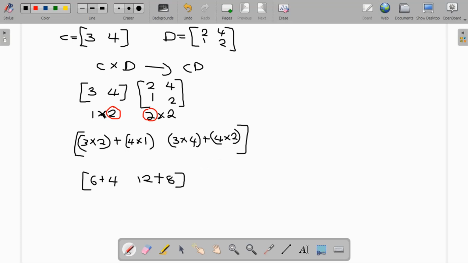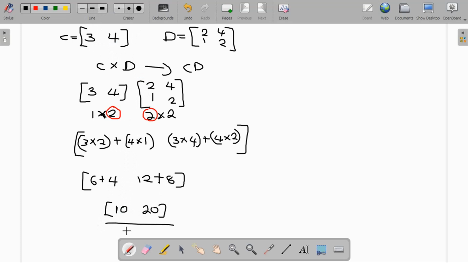Okay, so we have multiplied, we add now. 6 plus 4 gives us 10, and 12 plus 8 gives us 20. So we have got 20 there. That's the final answer.